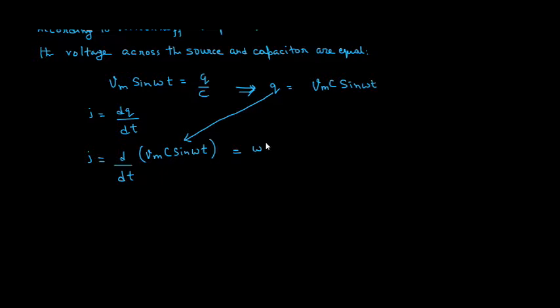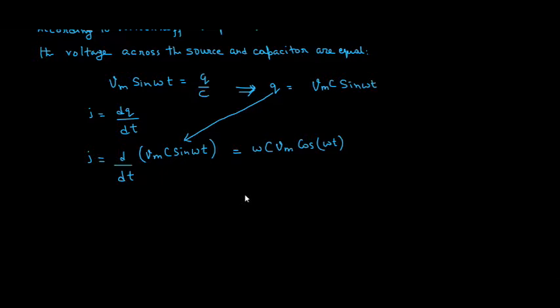So ultimately I = ω C Vm cos ωt. This is normal differentiation. Now we got the value of I here.